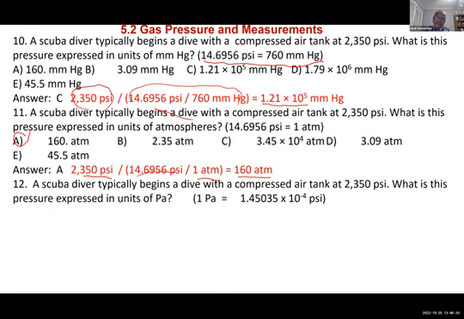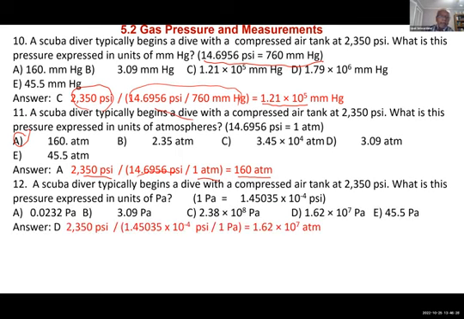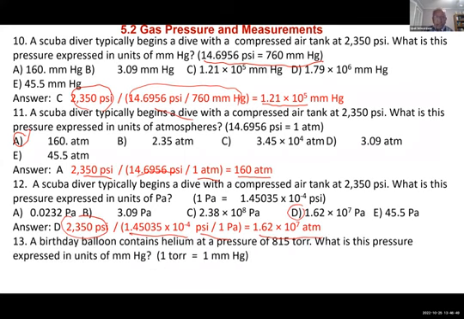Now Pascal is also another conversion. So psi to Pascal is similarly done. You divide this tank pressure by the conversion factor and convert that to 1.62, which is the choice D. So you can see how you calculate.